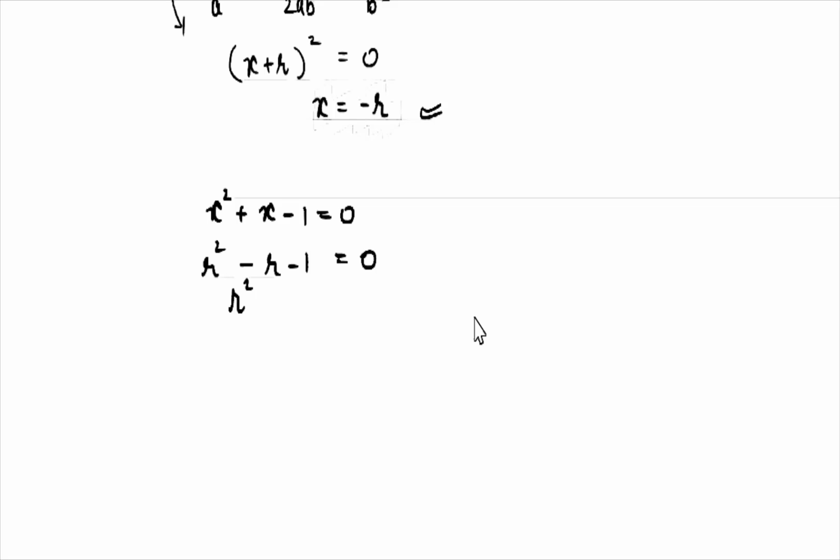So putting x equals minus r, this will become r square minus r minus 1 equals 0. Therefore, the value of r square will be equal to r plus 1. Let this be equation number 1.